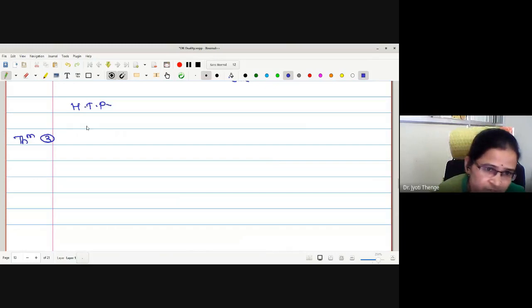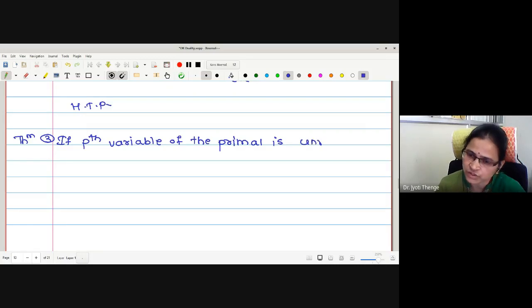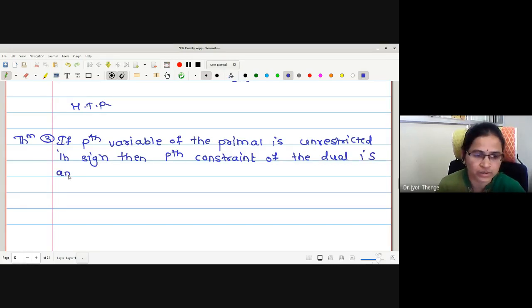What the theorem says now in the reverse: if the pth variable of the primal is unrestricted in sign, then the pth constraint of the dual is an equality.